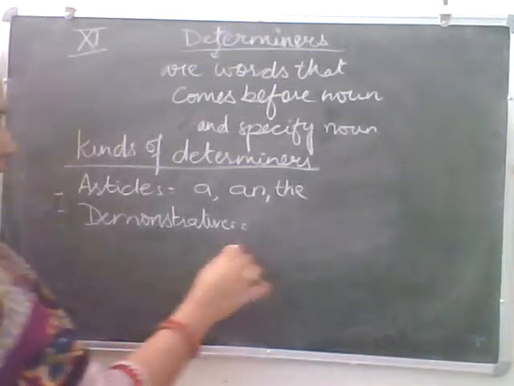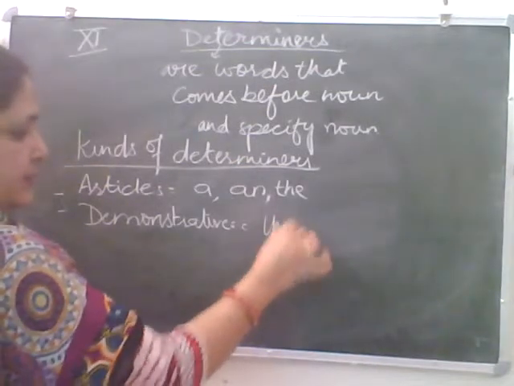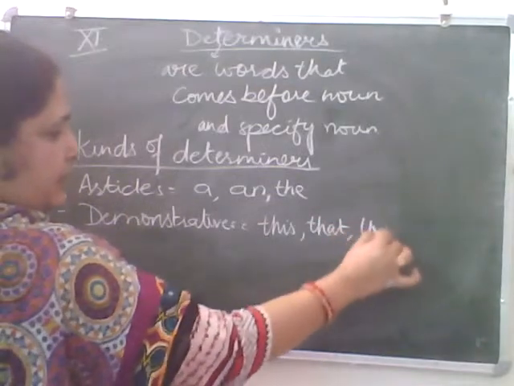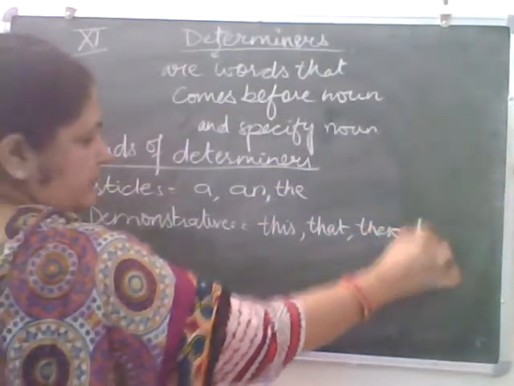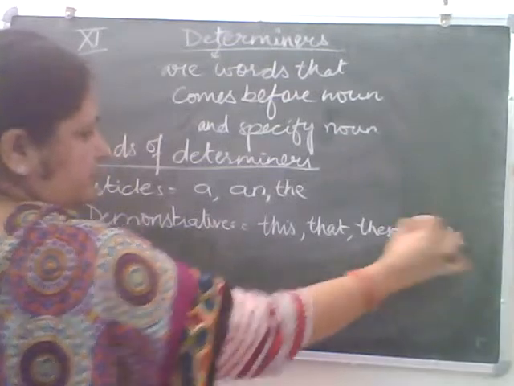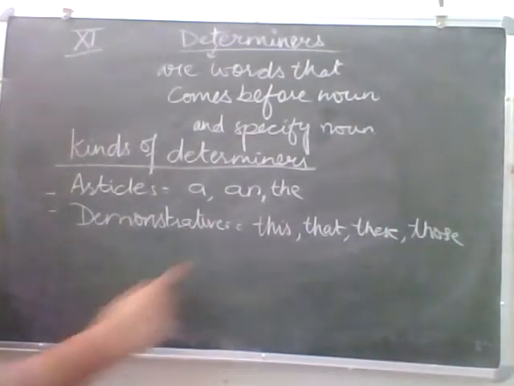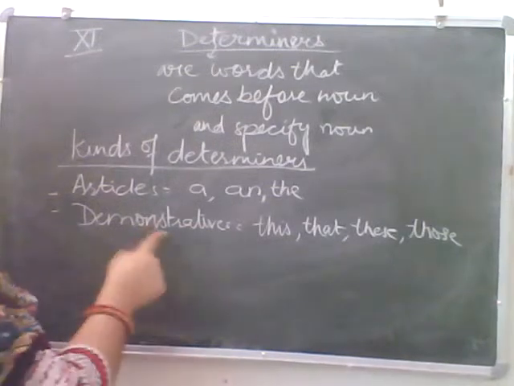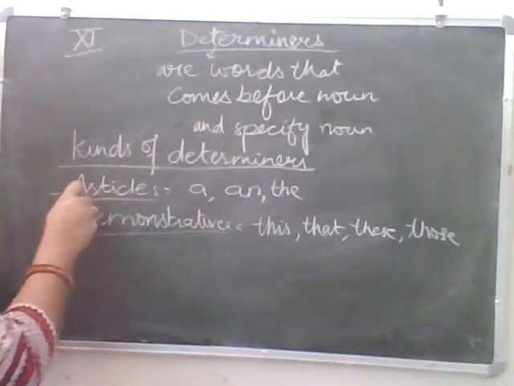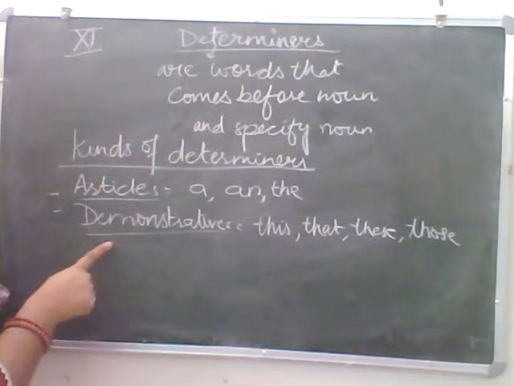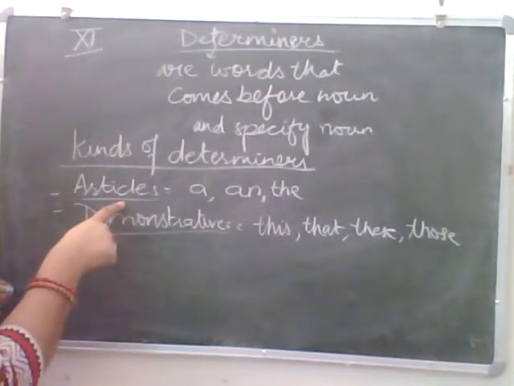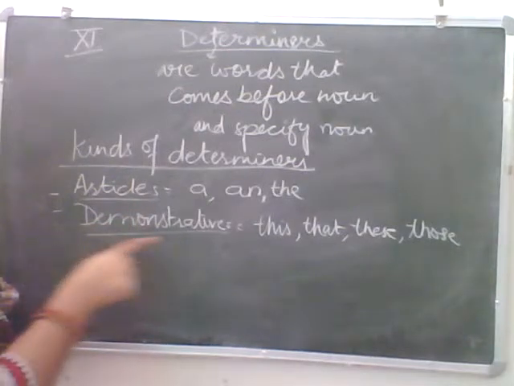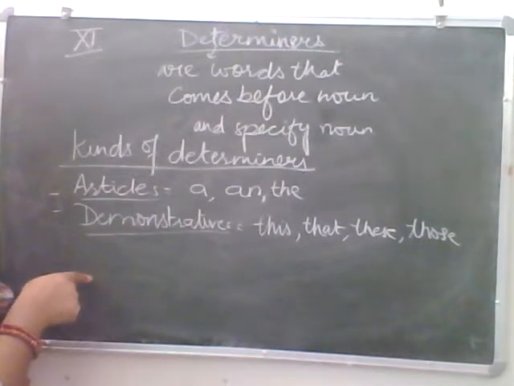In demonstratives, what comes? This, that, these, and those. We include this, that, these, those in the demonstrative determiners. Articles are a, an and the. Demonstratives are this, that, these, those.